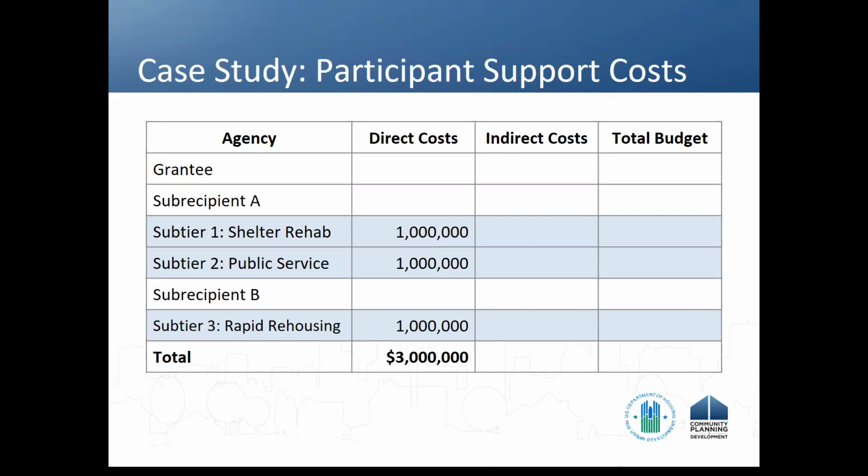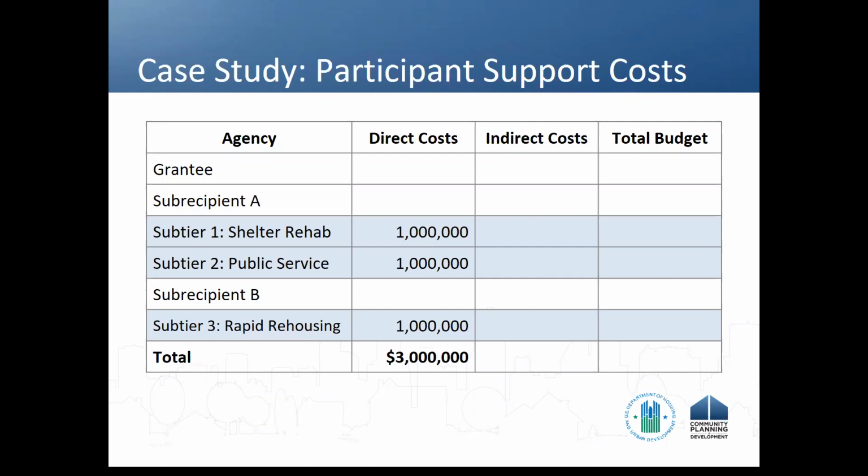Further, the grantee's first subrecipient awarded ESG-CV funds to 2 subrecipients on their own, and the grantee's second subrecipient awarded ESG-CV funds to a single subrecipient. In this example, all 6 agencies are using the 10% de minimis indirect cost rate method.